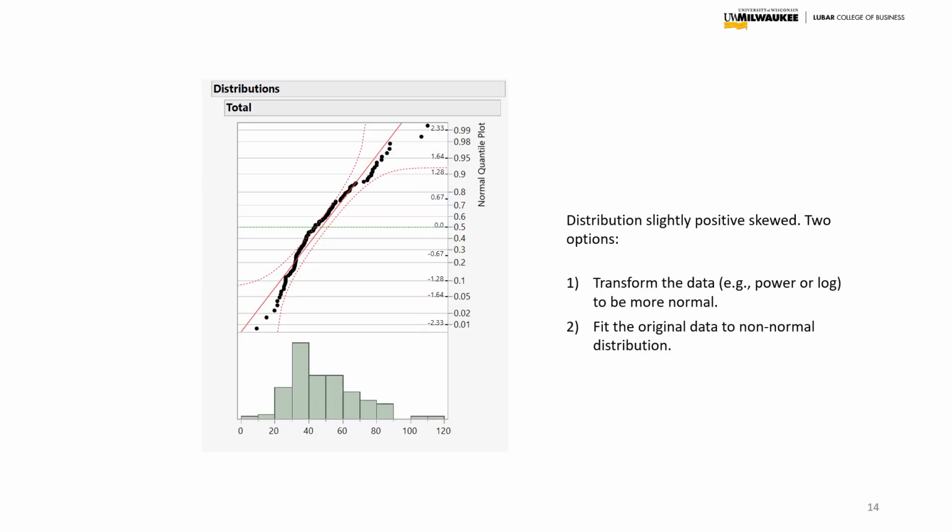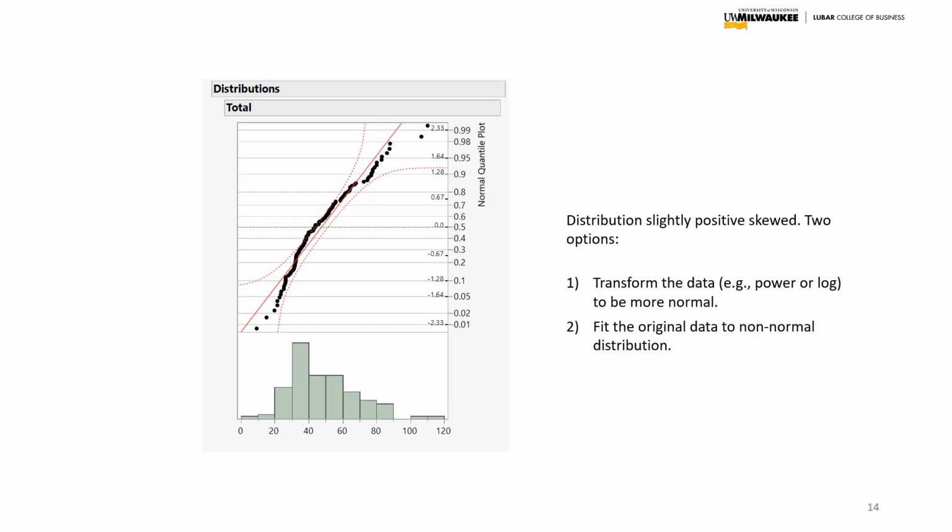We have now concluded that the snow totals are random over time. We can now turn our attention to ask the following question. What is the distribution of this random variation? I'm showing here a histogram and normal quantile plot of the snow totals. And we see that the distribution is slightly positive skewed.